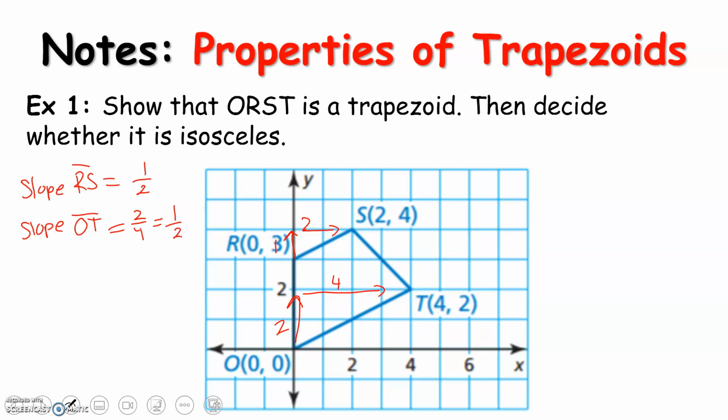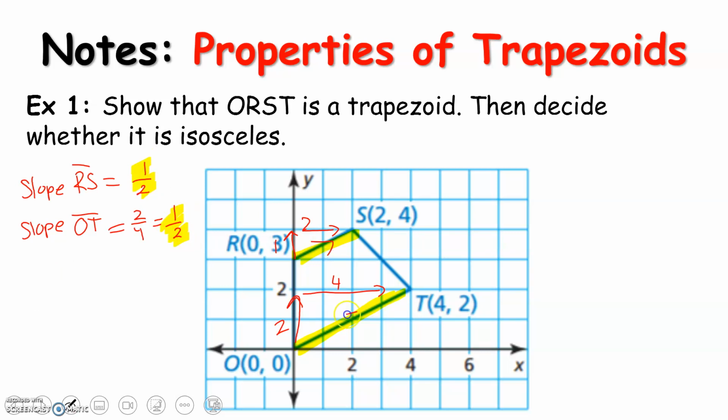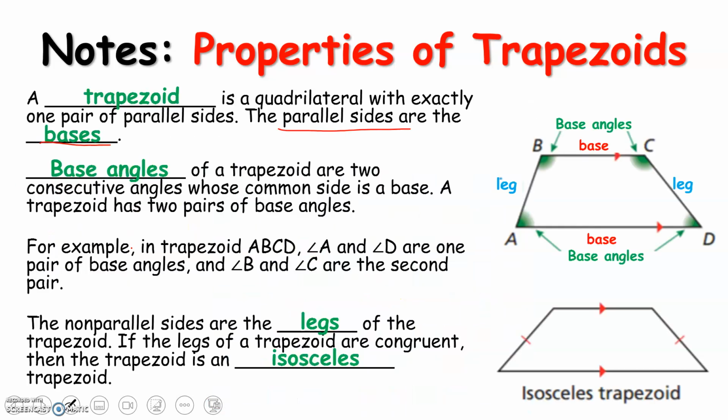We notice then that RS and OT have the same slope, so we can say these are parallel. So RS is parallel to OT, which is our first condition for it to be a trapezoid. And actually, our only condition.